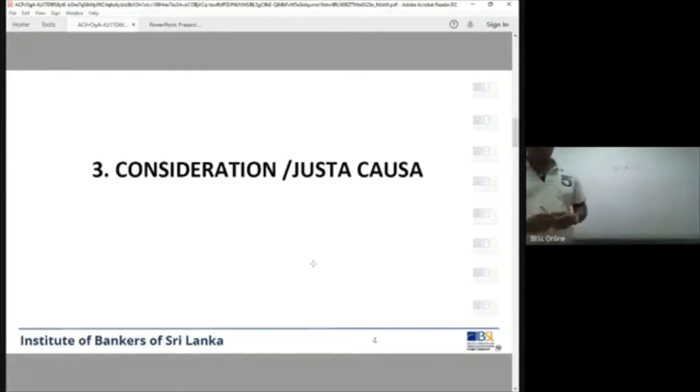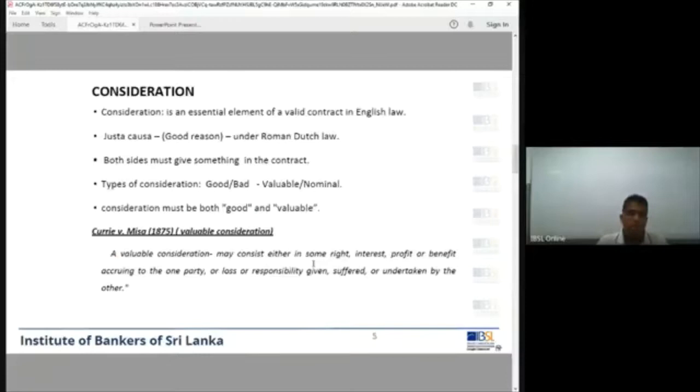Justa causa means sadharana hetuva. Pratishtava is consideration. So this is the third element, consideration. Consideration is an essential element of a valid contract in English law.